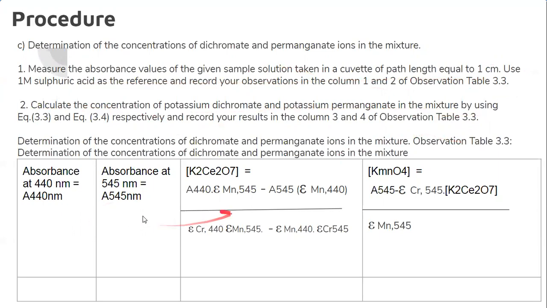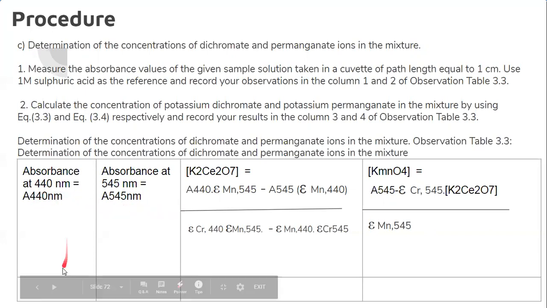So how do we do this? We take the sample solution, prepare our sample solution, and then transfer it to the cuvette. That cuvette is placed in the cuvette holder, and we select the filter as 440 nanometers. Then we measure the absorbance, note down whatever absorbance we found here, and repeat the same experiment at 545 nanometers.